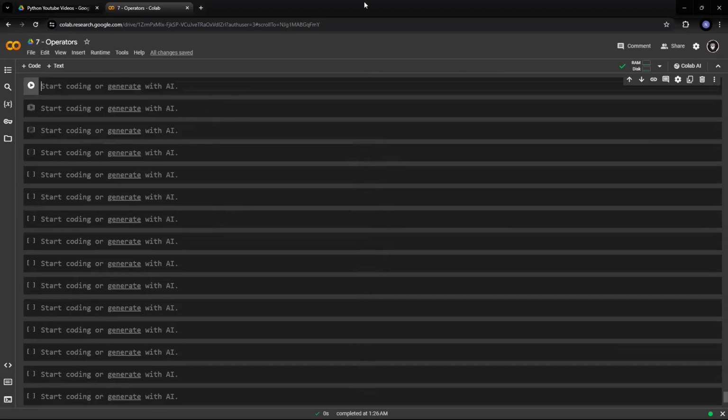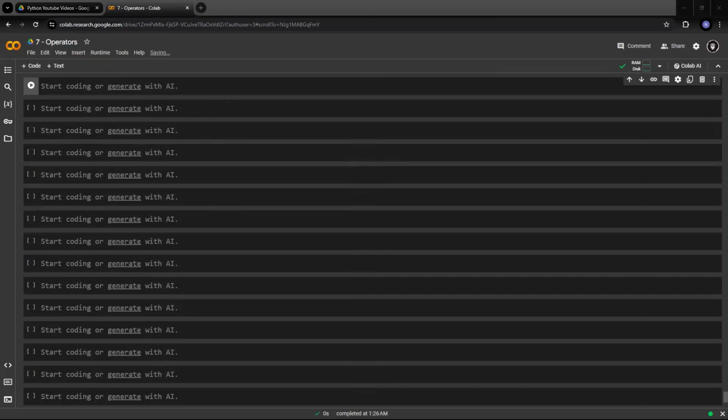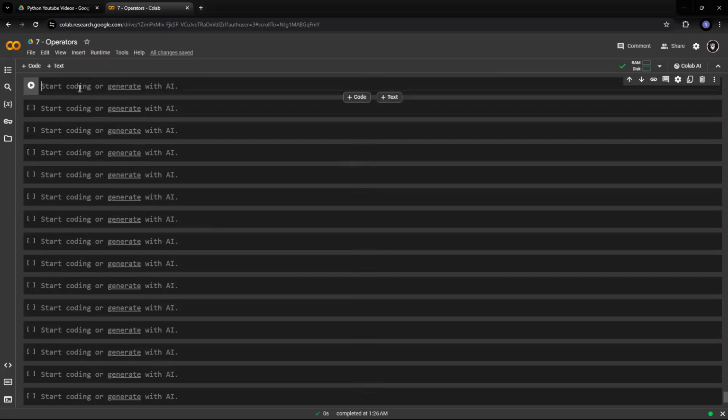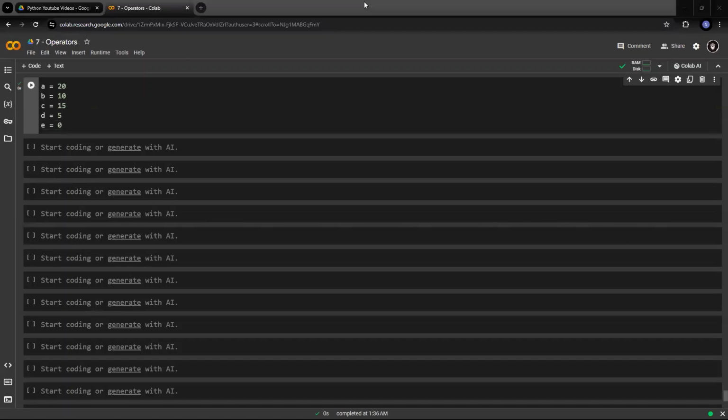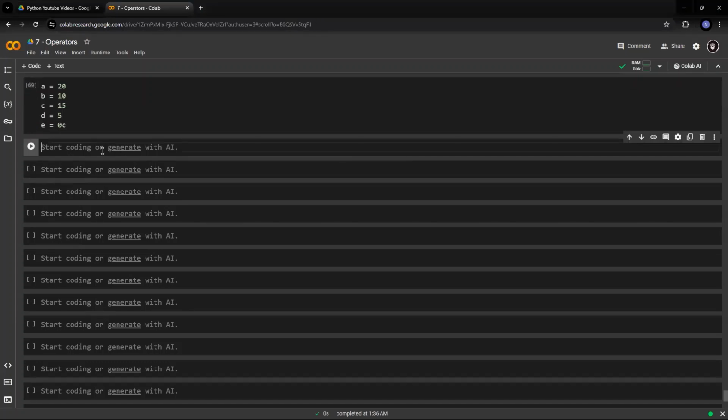Let's see some examples. Let me evaluate some values. Let me have a equals to 20, b equals to 10, c equals to 15, d equals to 5, e equals to 0. I am taking some random variables. Now let's try to evaluate by writing these expressions.